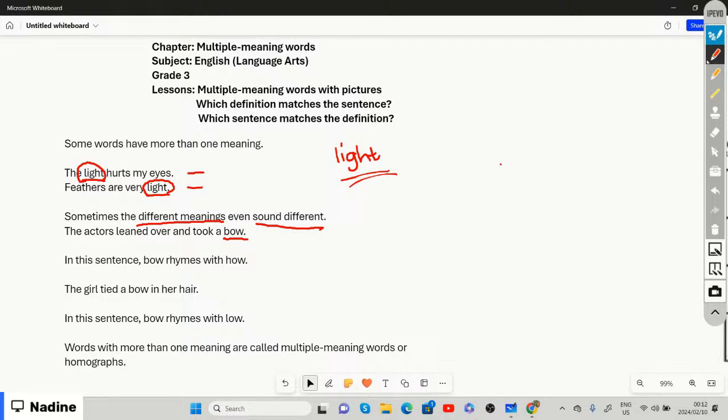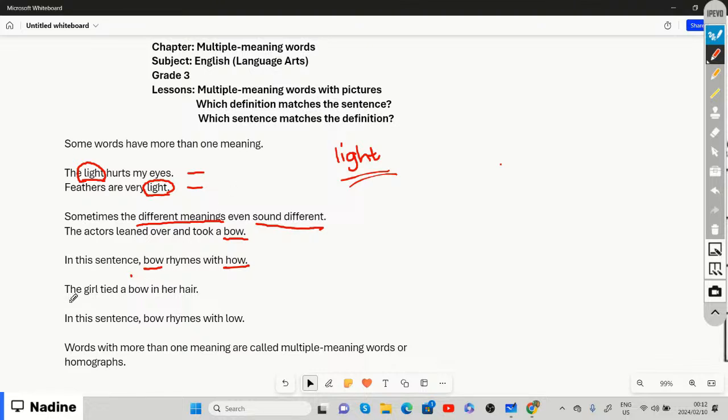So the actors leaned over and took a bow. In the sentence, if we look at the word bow, bow rhymes with how. It's like when they lean over in a bending formation to thank everybody for watching the show. So that is when you are bowing.